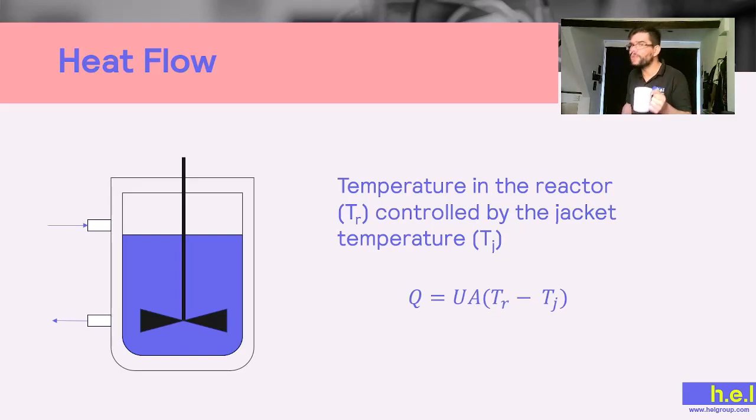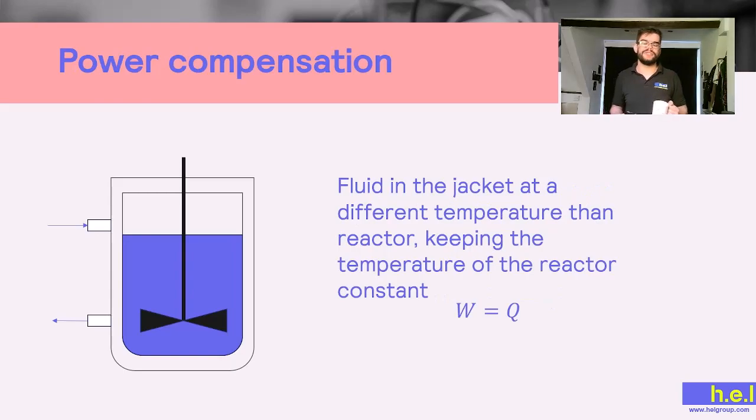But there is an even simpler way to get the energy, a faster way to calculate the energy produced in the reaction, and this is power compensation. In this case, the fluid in the jacket is going to be at a different temperature than the temperature inside of the reactor.